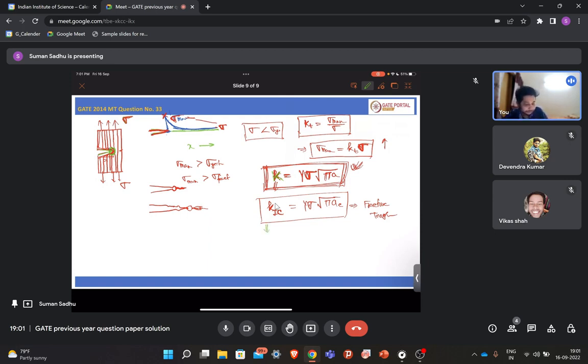So if you see the definition, it is the critical stress intensity factor.